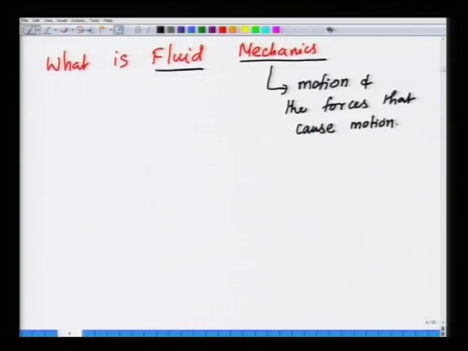Okay. And by fluids we mean in this course both gases and liquids. So, you must have seen from your earlier classes in physics and chemistry that matter in general can be classified into 3 states: solids, liquids and gases, and fluids in general refer to both gases and liquids.